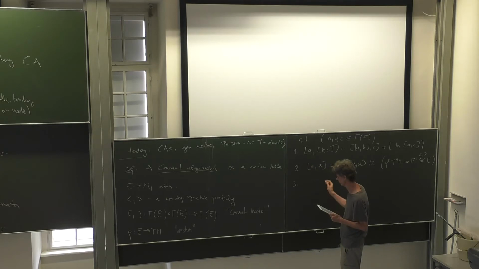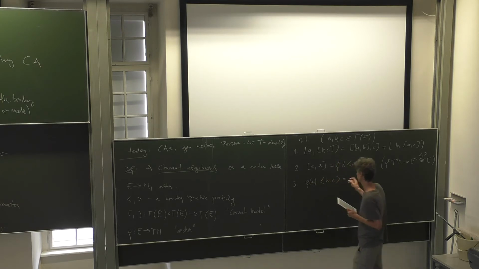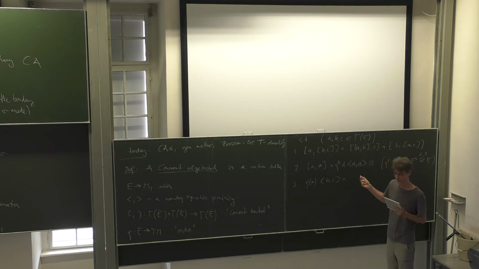The third thing is that if we act with rho of A onto the pairing of B and C, then this is what you would expect, especially if you already know the definition.